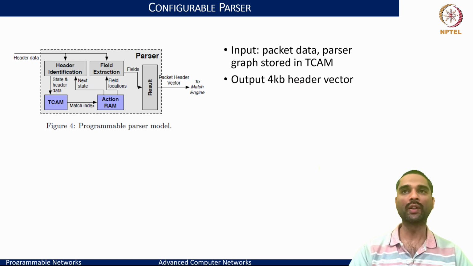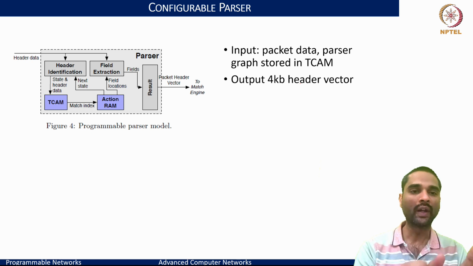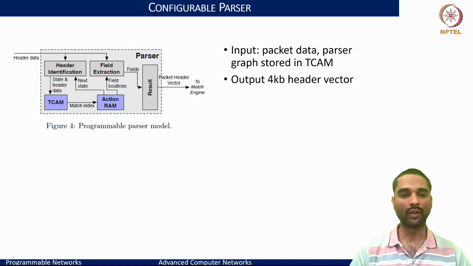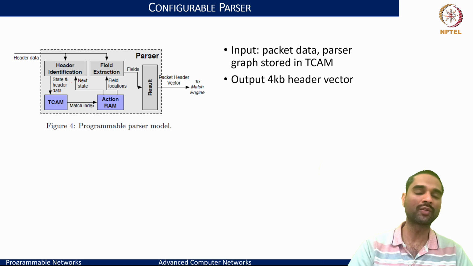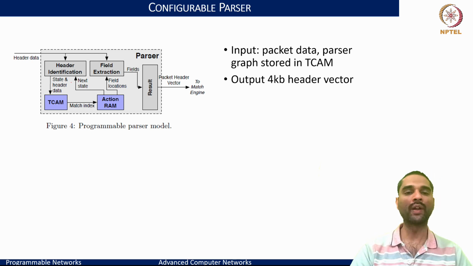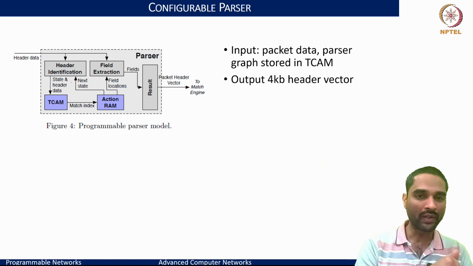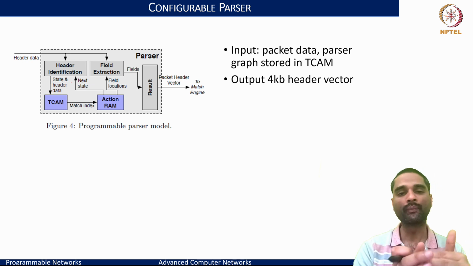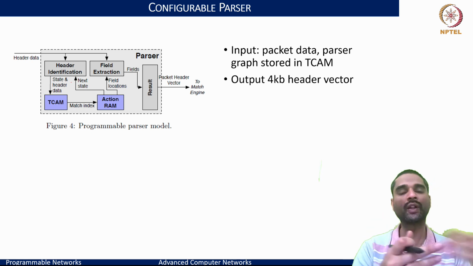And how this really processes is basically you get the header data and identify the set of header fields, and you may use the TCAM to match on the specific bits. It could be exact match, it could be the longest prefix match, and you would then identify, okay, I parsed the packet, found out the ether type. Based on the ether type, I would want to see what is the next state that I want to set, what are the next fields that I want to extract.